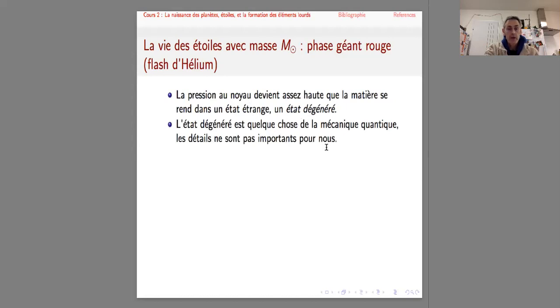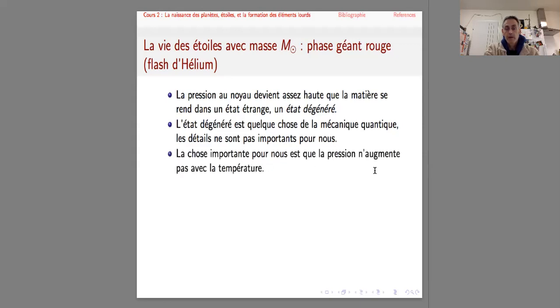The degenerate state is a quantum mechanical state. The details of this are not important for us. The key fact is that the pressure does not go up with the temperature.